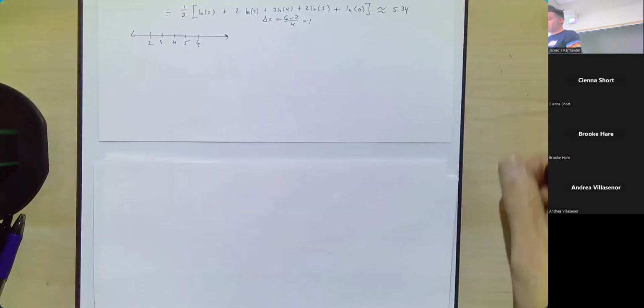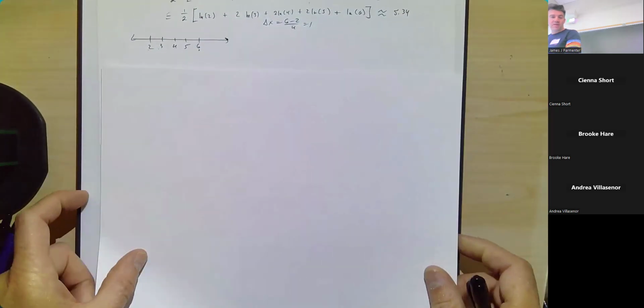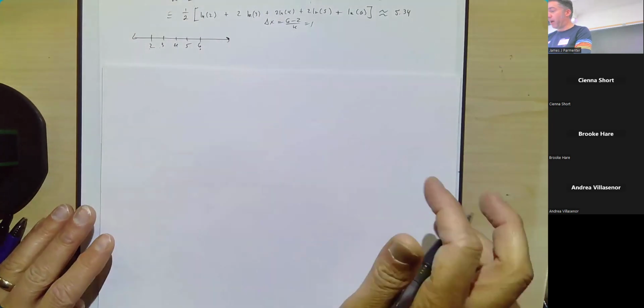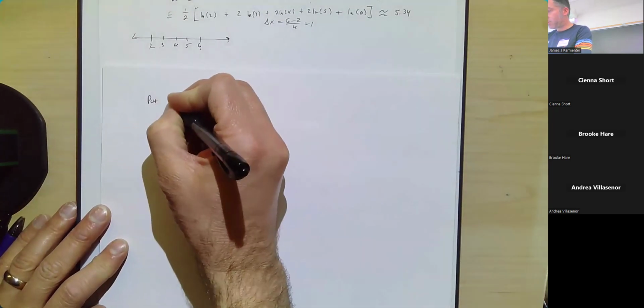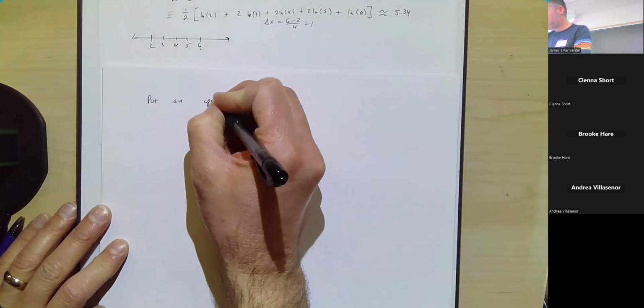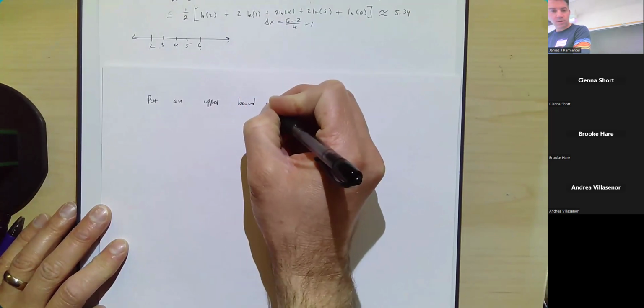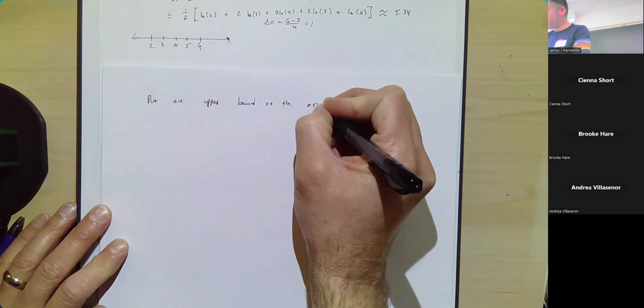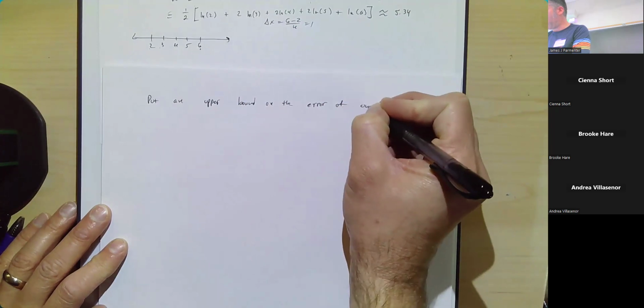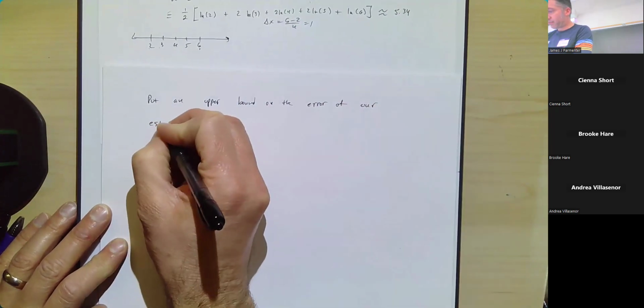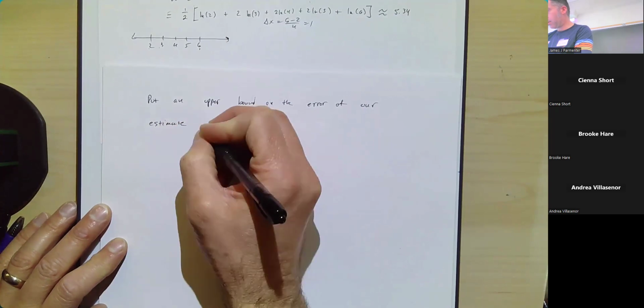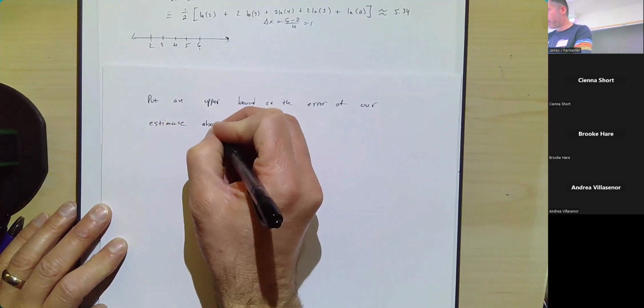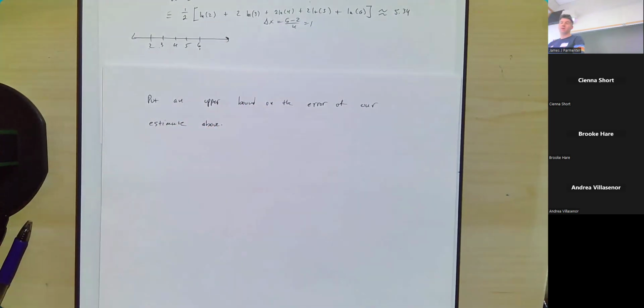So the other thing we want to do is put an upper bound on the error of our estimate above. Here's the formula for the trapezoid error upper bound.